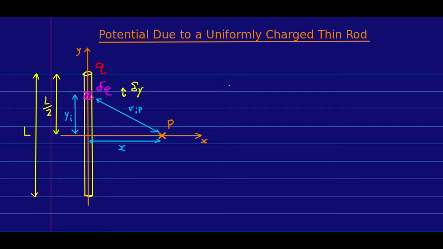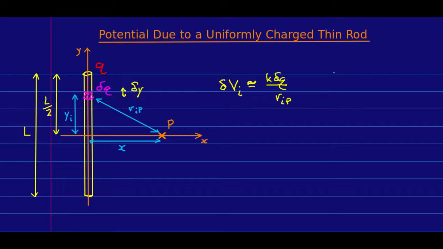So what I'm now going to do is say that the potential at P due to this little piece of rod, so I'll call it delta VI, is going to come from the expression we use for a point charge, and it's only approximate because this isn't actually a point charge, and so it is K delta Q over RIP.